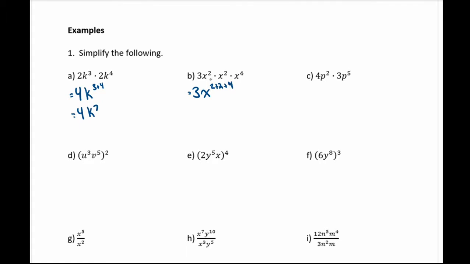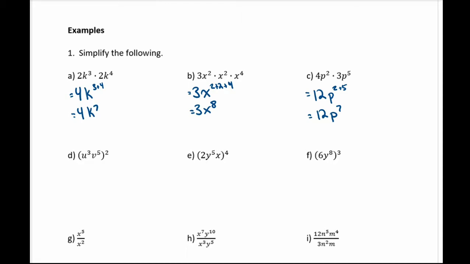And they're all the same base of x, so that does work. So 3 times x to the power of 6. For C, 4 times 3 is 12. P squared times p to the power of 5 is 2 plus 5, equals 12p to the power of 7.